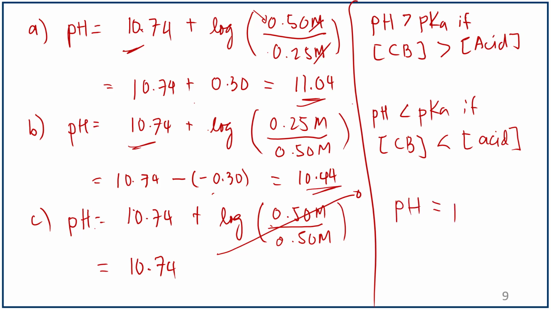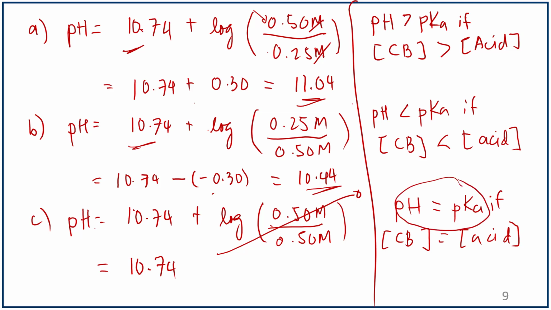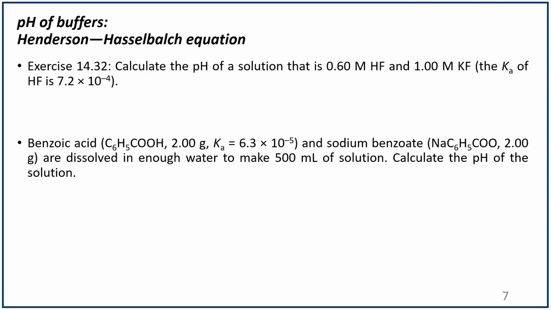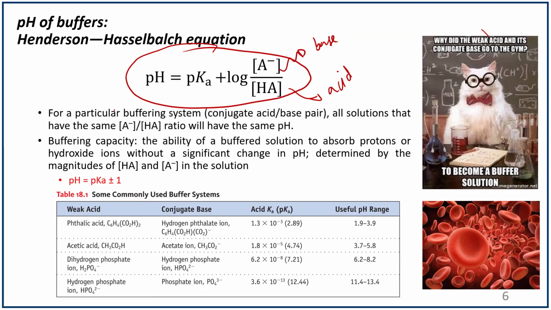So pH is equal to pKa if the concentration of the conjugate base is equal to the concentration of the acid. It is said that buffers are most effective when pH is equal to pKa, because remember the effective buffering capacity should be pKa plus or minus 0.1.